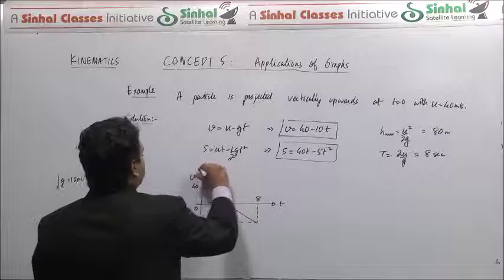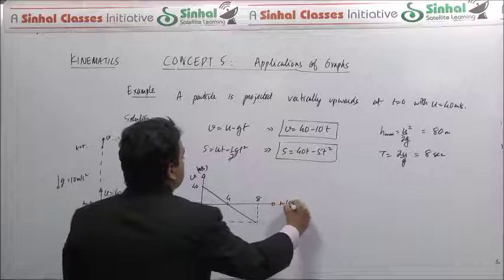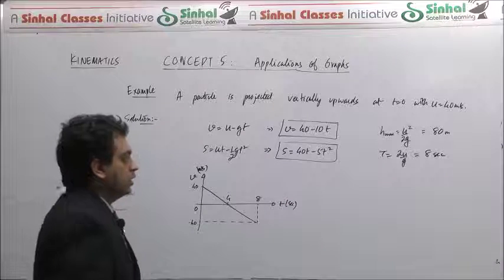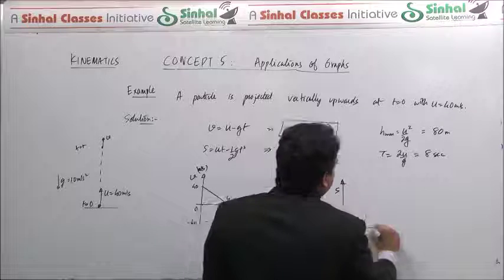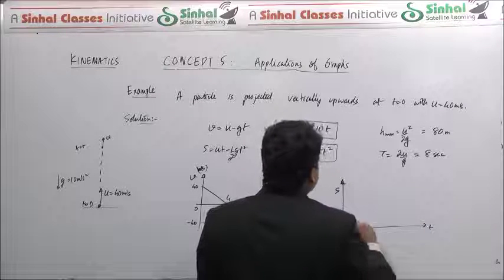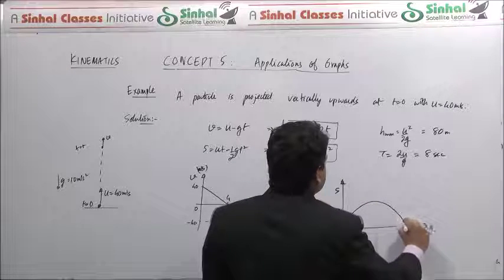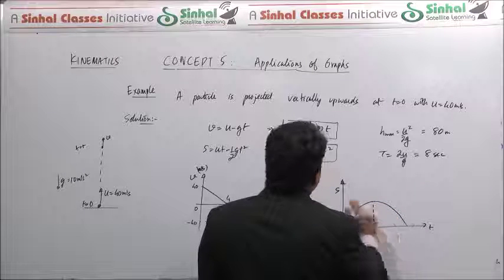So the velocity you have plotted in meters per second and I have plotted in seconds. And similarly, if you look at displacement versus time graph, we can see that for the first 4 seconds it will be going up, and then the next 4 seconds coming down parabolically.